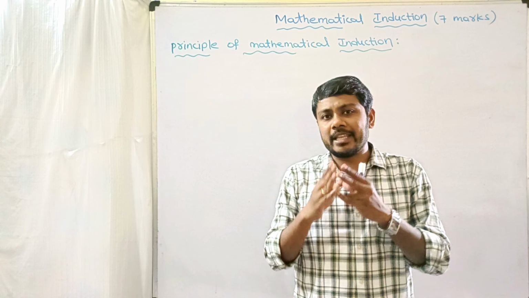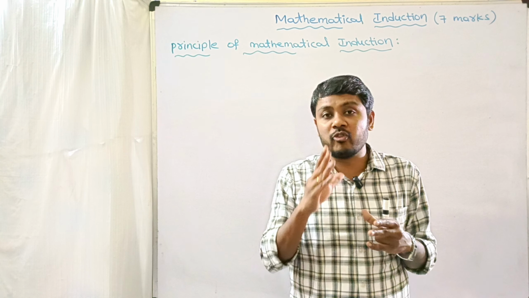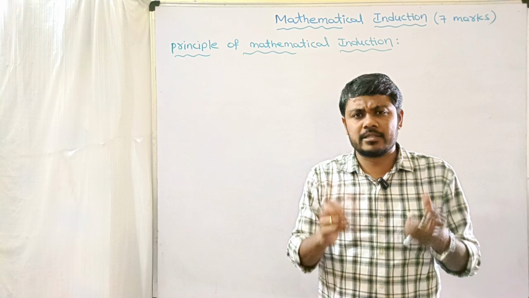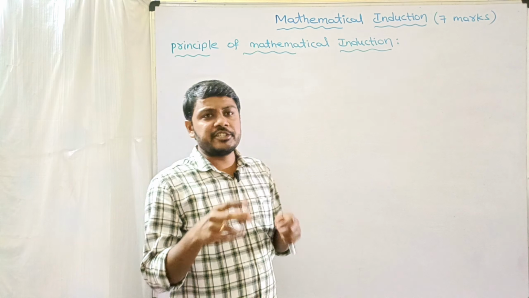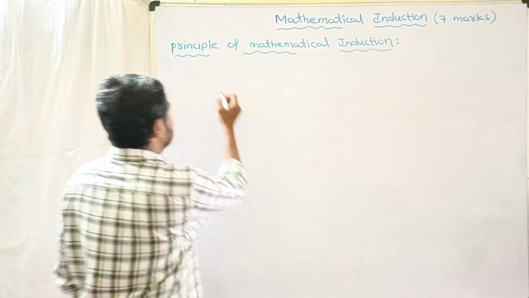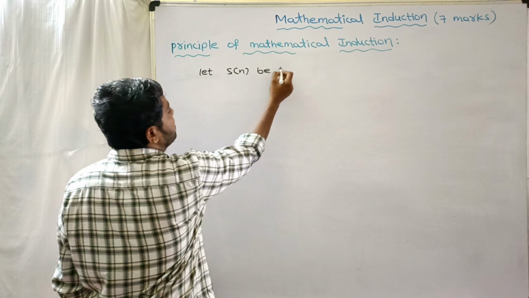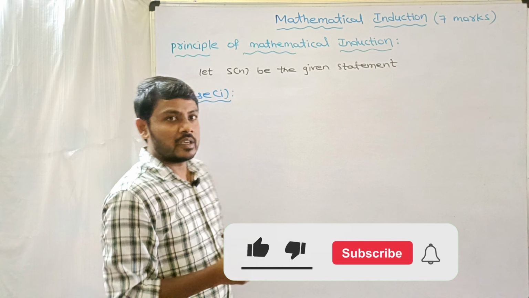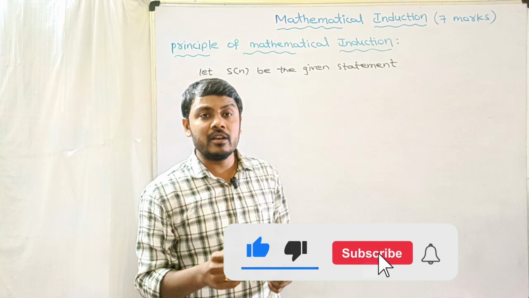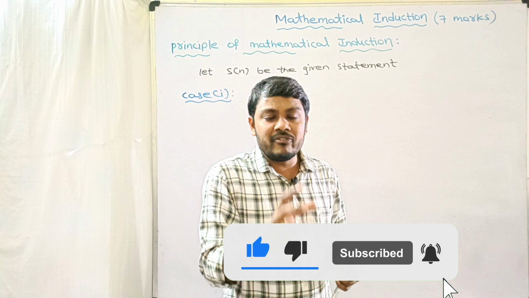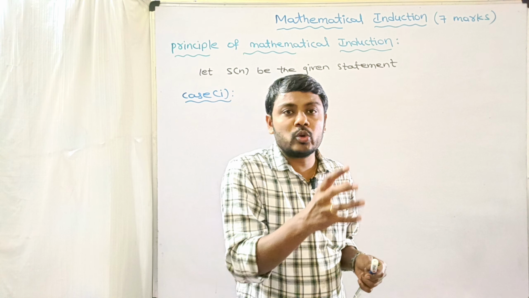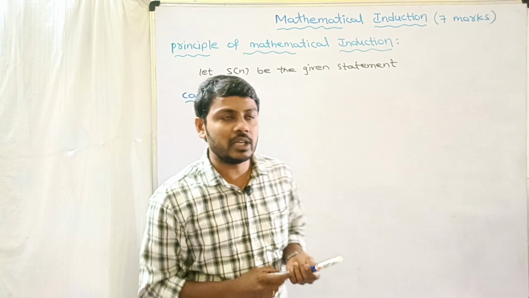See here, the mathematical induction can be done in 4 steps or 4 cases. So first, if any statement is given, let us consider S of n be the given statement. Case 1. In case 1, we have to prove the given statement is true for n equals to 1.